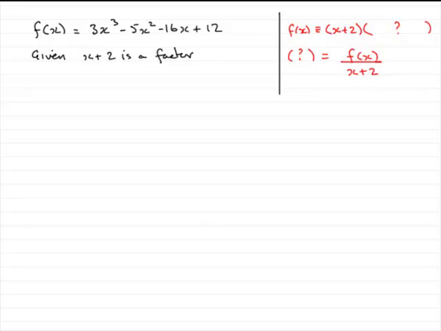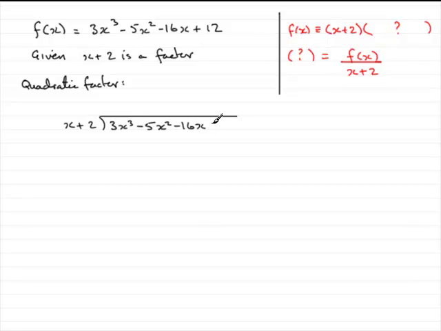And so if I come over here, let's just put the quadratic factor as a subtitle. And what I've got to do then is divide x plus 2 into the polynomial f of x. In other words, let's just write it down as 3x cubed minus 5x squared minus 16x plus 12. Now if you're not familiar with algebraic long division, you'll find a tutorial on my website. Just look under algebraic long division.